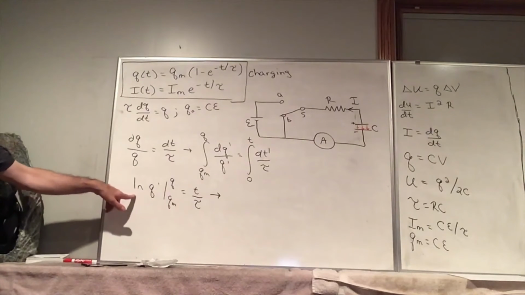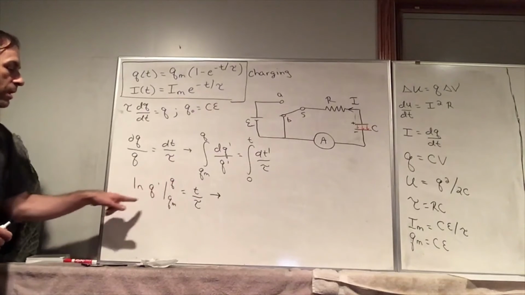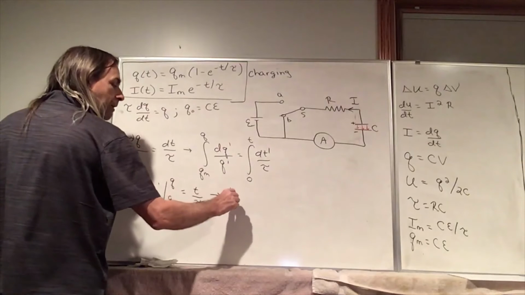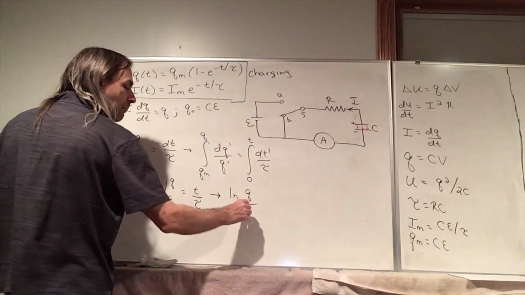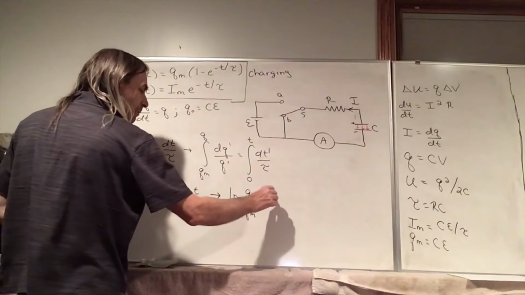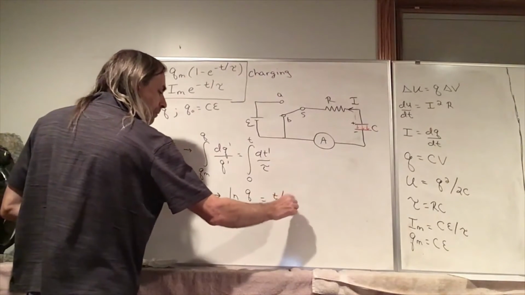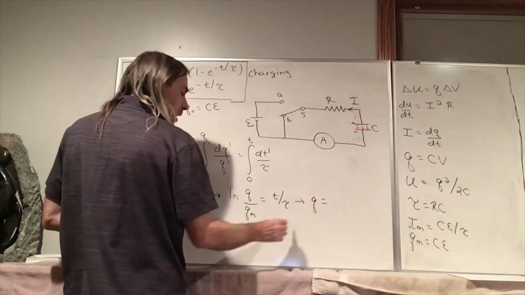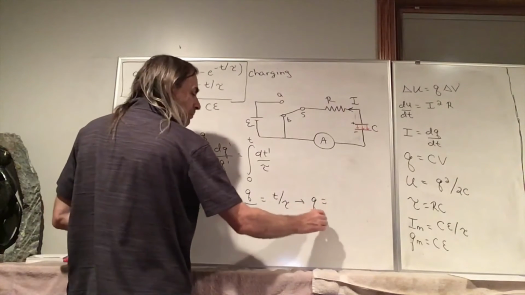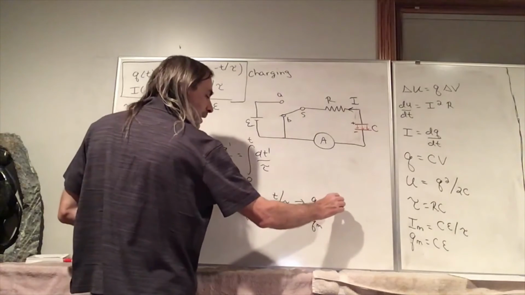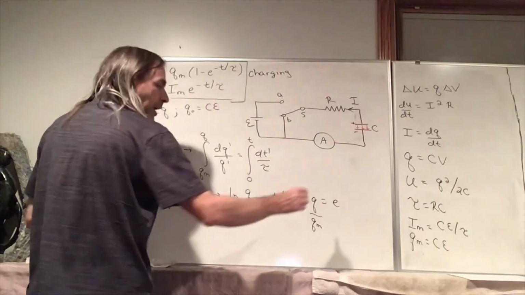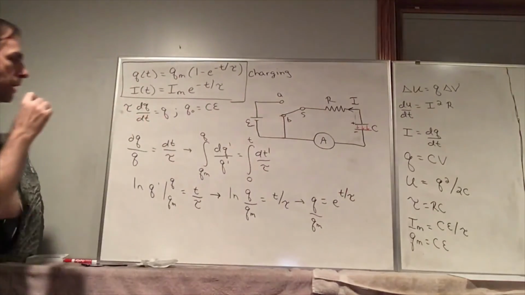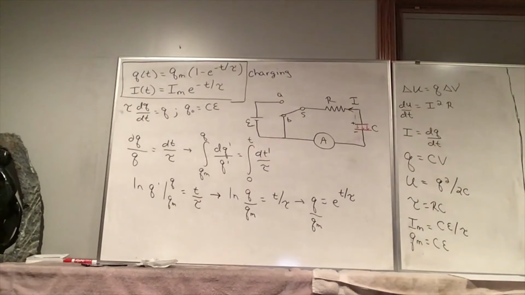Again, the natural log here, we're going to have natural log of q minus natural log of qm, which we can simplify. So here we have q over qm is e to the t over tau, and now something has gone wrong.